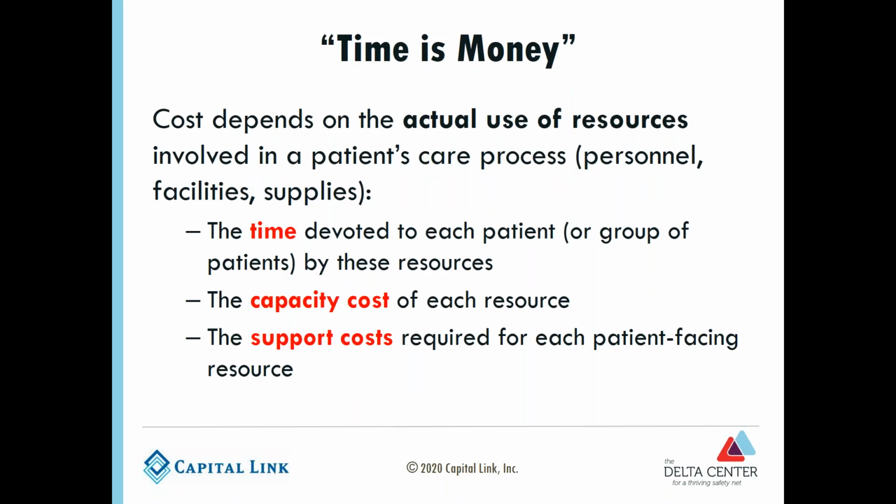I'm going to start this off and let Bob have a few words here. This is the key to what we're doing now: we're going to talk about the actual use of the resources, not in a generalized way, where here's all our costs thrown into this bucket and here's all these patients thrown into another bucket and we do the math. We're going to talk about trying to determine, using time, on an optimal level, thinking about this on a per patient basis so that, in the perfect world somewhere in the future, we'll be costing all our patients individually.